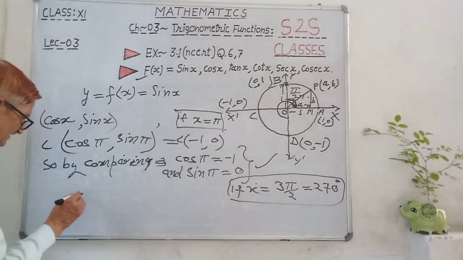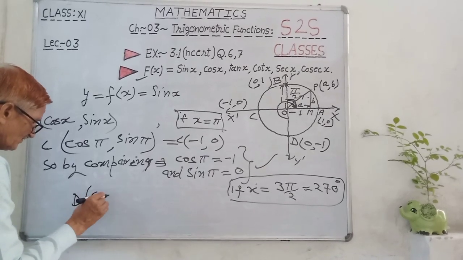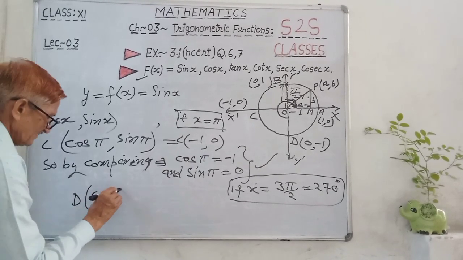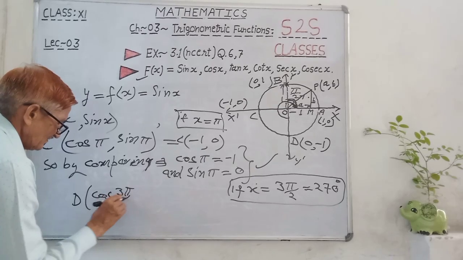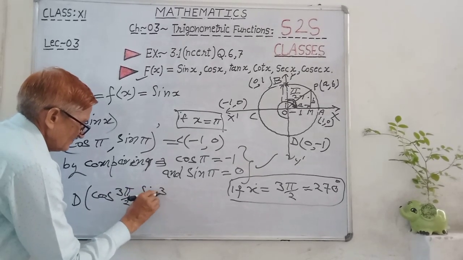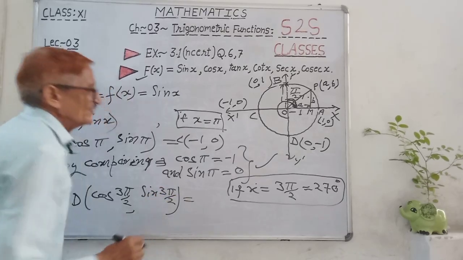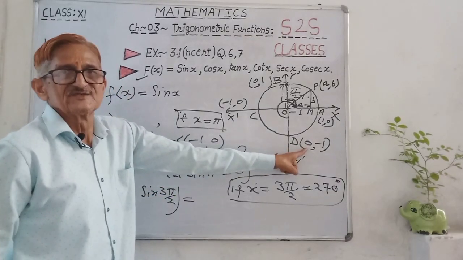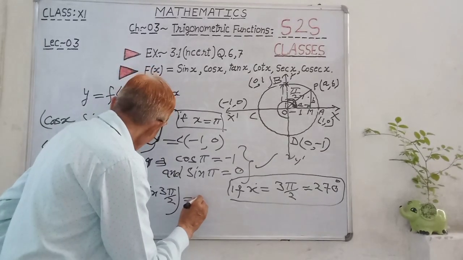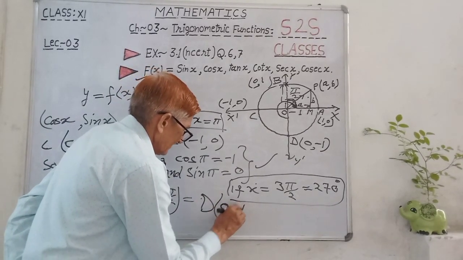Then you check here, point D means cos of angle 3 pi by 2, comma sine 3 pi by 2. Okay, and by coordinate system this point is 0, -1. So this point D is 0, -1.